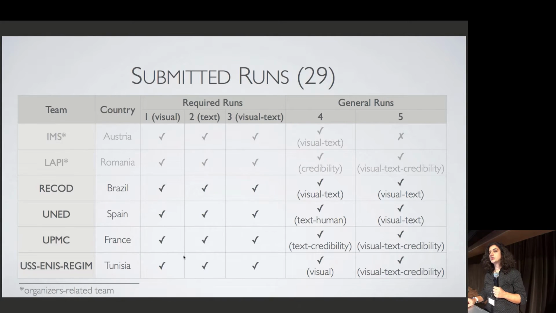And also almost all teams submitted the general runs, and we can see that we have a really broad number of covered modalities. We have the single modalities such as visual information, but also multimodal approaches, also such including credibility descriptors and even one human-based approach.